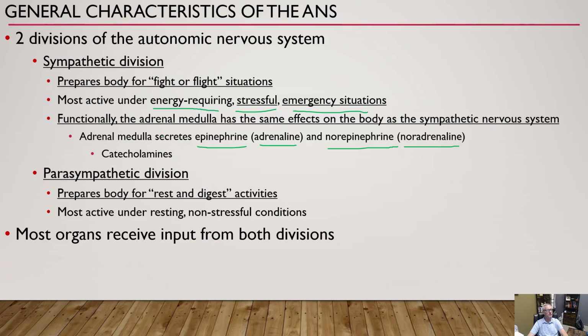Both of these chemicals we call catecholamines, and both are released by the adrenal medulla. The adrenal medulla is a gland that sits on top of the kidney. So we could say functionally, the adrenal medulla has the same effect on the body as the sympathetic nervous system. They're pretty much the same thing.